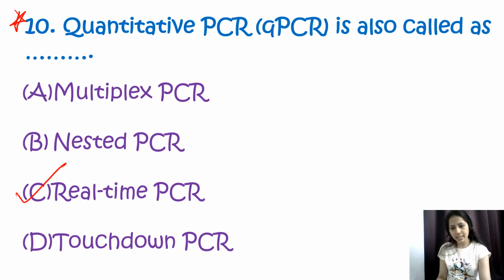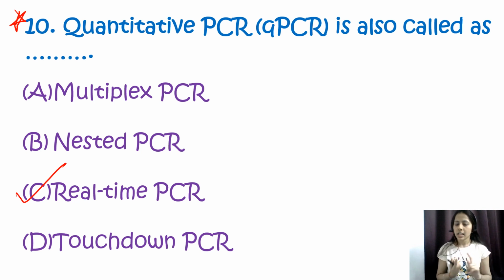What is real-time PCR? That is qPCR. qPCR amplifies and quantifies the DNA in real time during the reaction, which allows the detection and measurement of specific DNA sequences in a sample. So it has various applications. What are the applications?